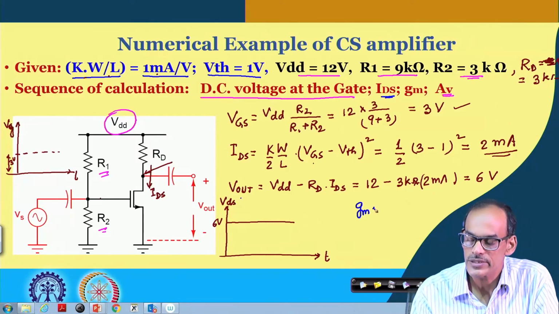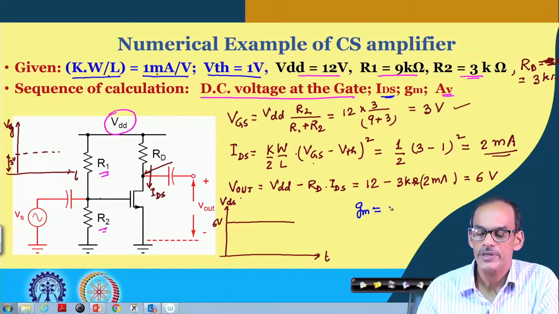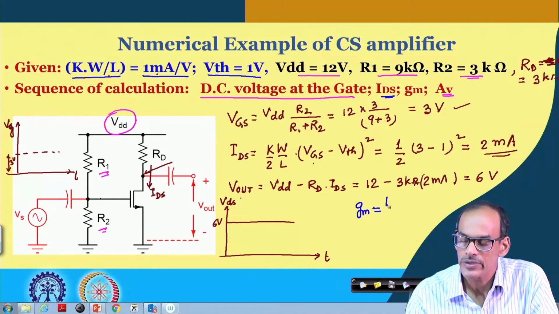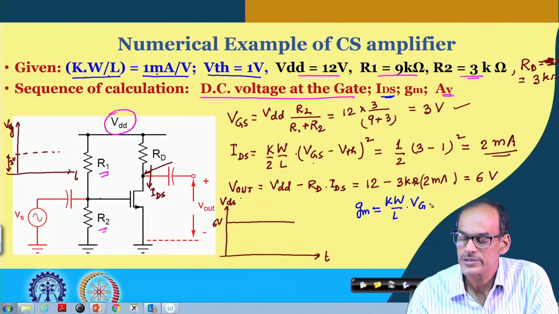Now, next thing is the GM. So, if you recall the expression of the GM, it is K W by L into VGS minus VTH, right.